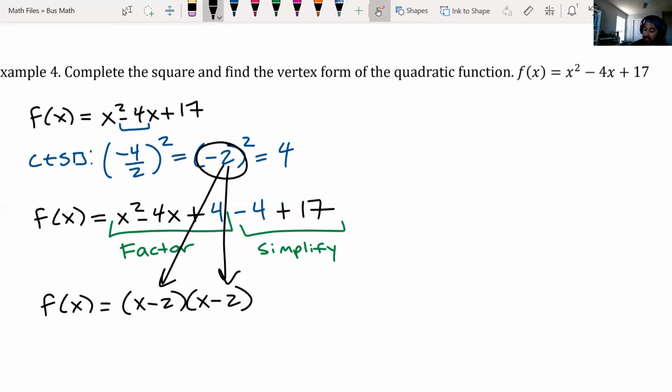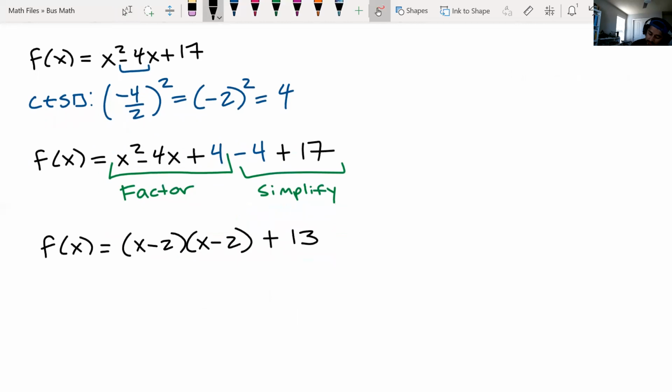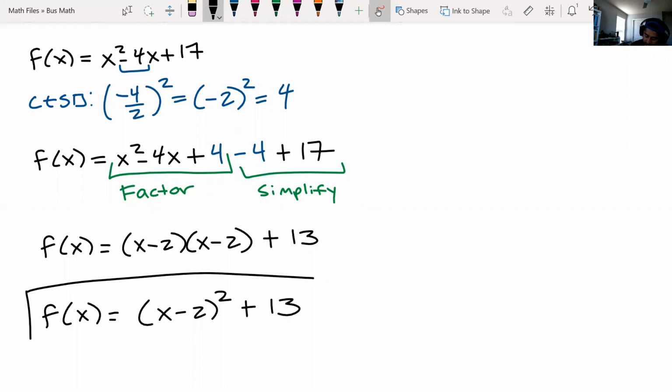It's a nice trick, saves you time. And then you simplify negative 4 plus 17, that'll give me 13. One last simplification, you'll get f of x equals x minus 2 squared plus 13, and we have it. This is called vertex form.